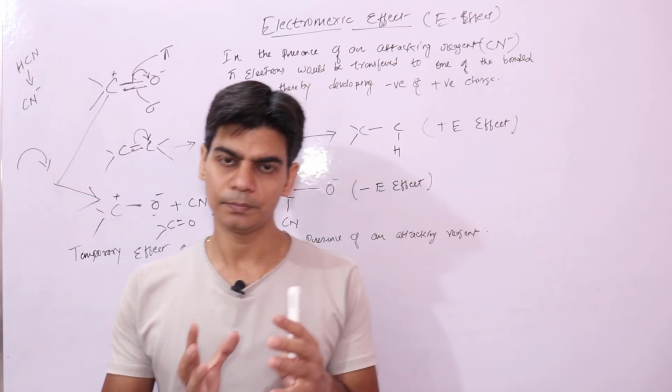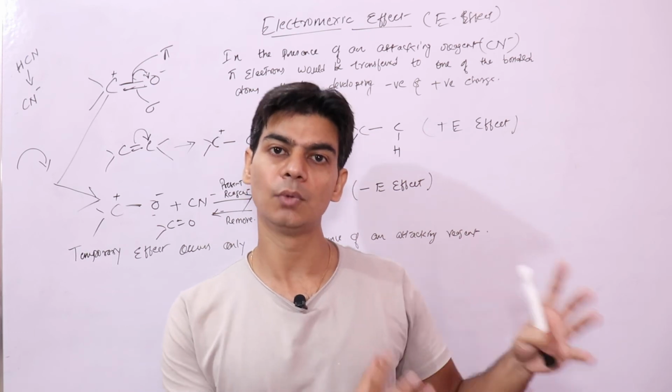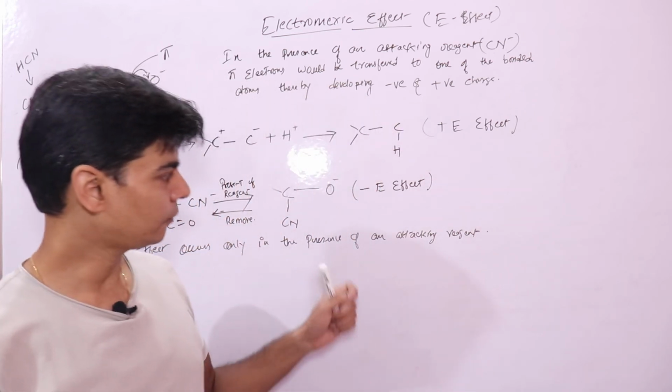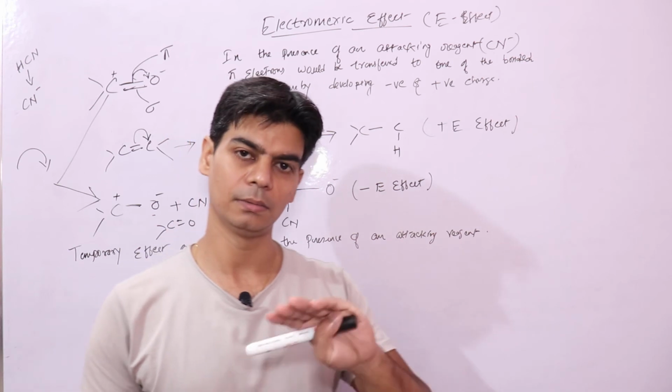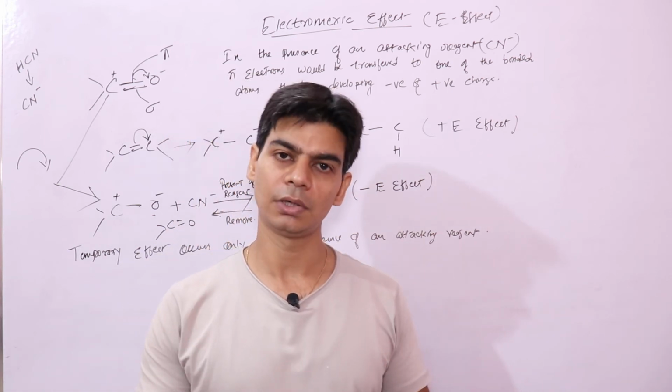Only the electron cloud is shifted towards the more electronegative atom. So if you have inductive effect and electromeric effect, which means transfer of electrons, it's the transfer of electrons that will dominate.